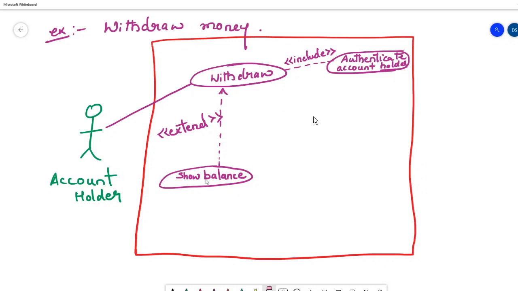After showing the balance, I can ask for the receipt, I can ask for updating the passbook. So I can have more extensions. If I'm using the ATM machine, I can ask for a balance receipt, and it would be extended.